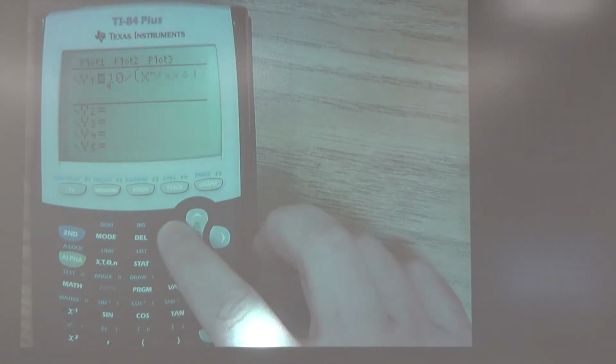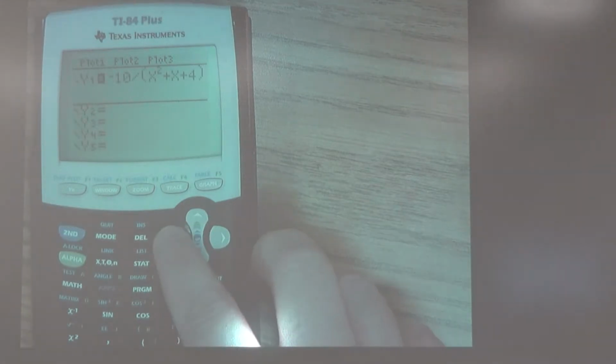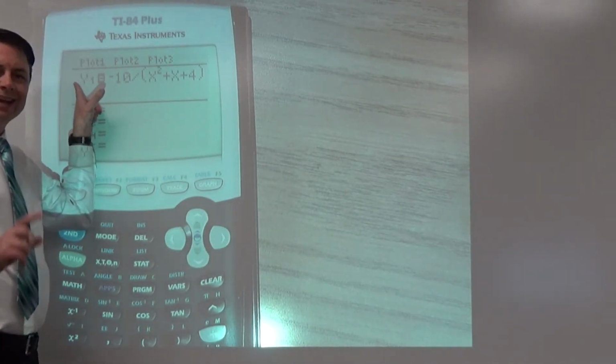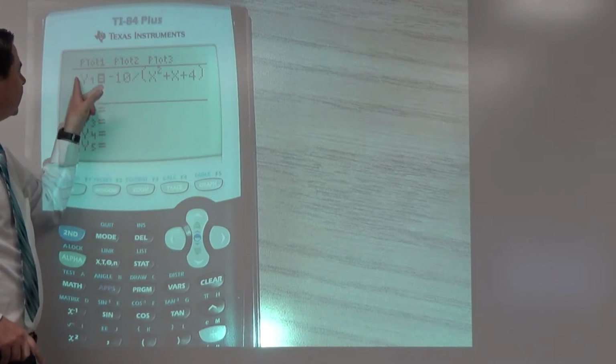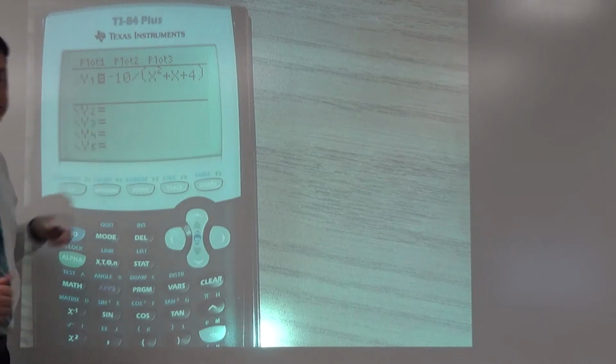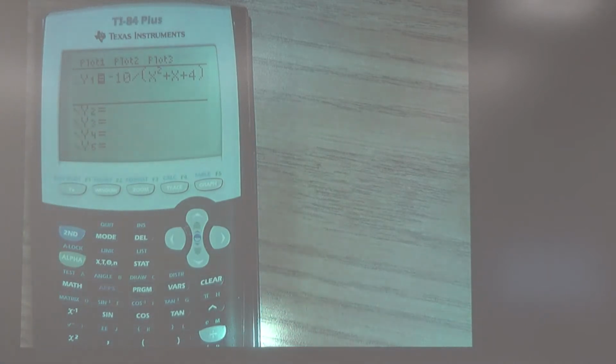And then before we graph this, we're going to go over to the left. Over here, we're going to hit enter, choose some other options. So right now it says I'm going to graph this as a line. Yours might show up as a colored line or something like that. That's fine. But if we hit enter, it says I can make it thicker, or maybe for you a different color. And then here it says I can shade above.